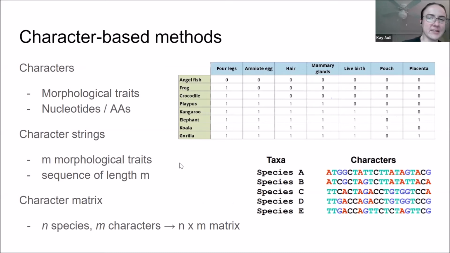And these character traits can be a lot of things. They can be morphological traits, as you see here. The presence or absence of these life history traits, like hair or mammary glands, if you want to classify animals and things that might be mammal adjacent, or they can be something like amino acids in a protein.